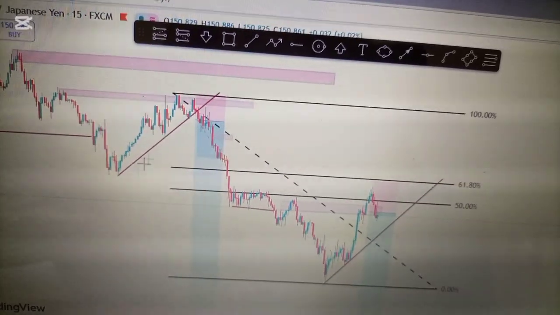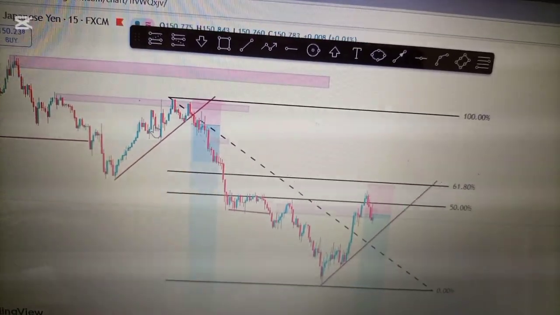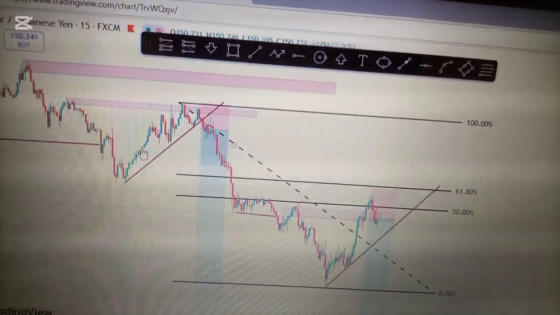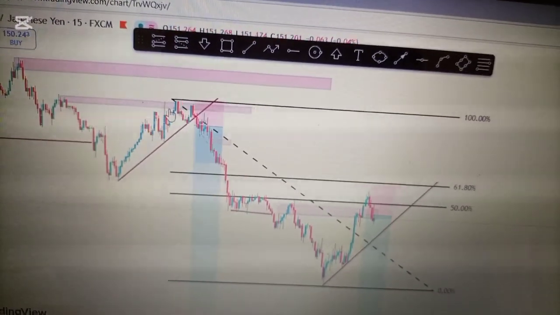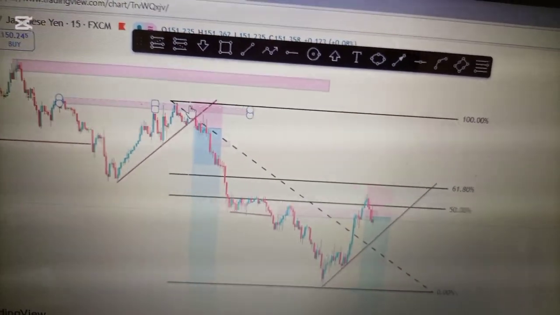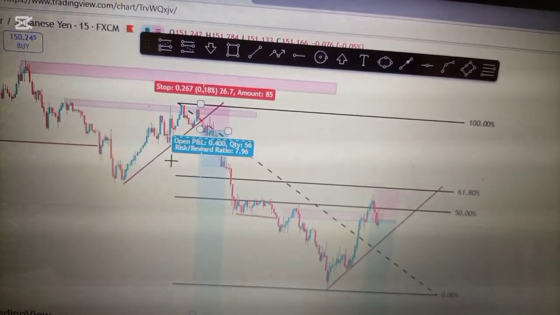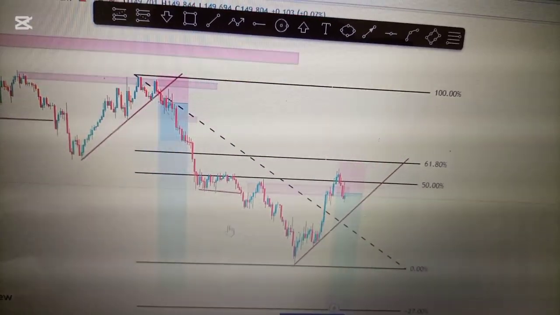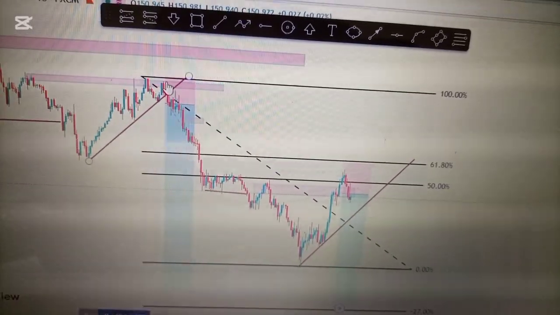As soon as price comes to your zone, before price gets to your zone of interest, it must always give a wave kind of pattern before it starts dropping or going in your direction. A wave kind of pattern, like you can see here.